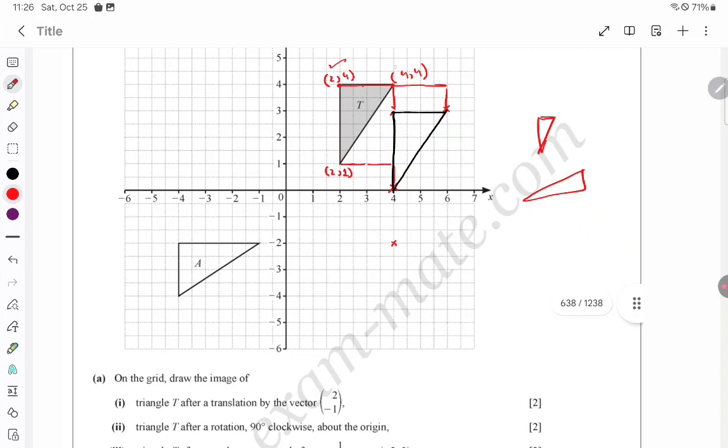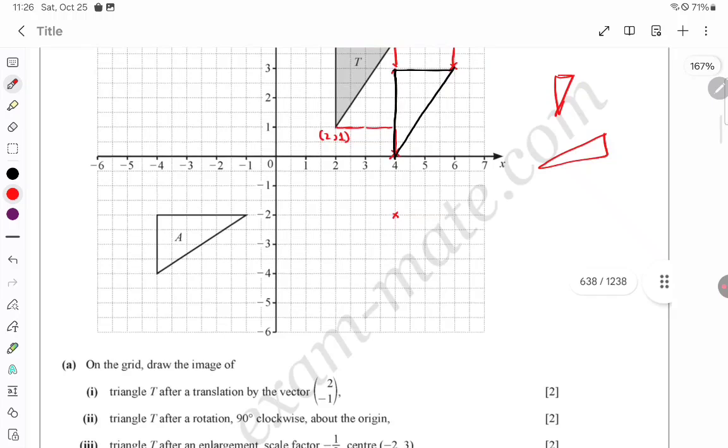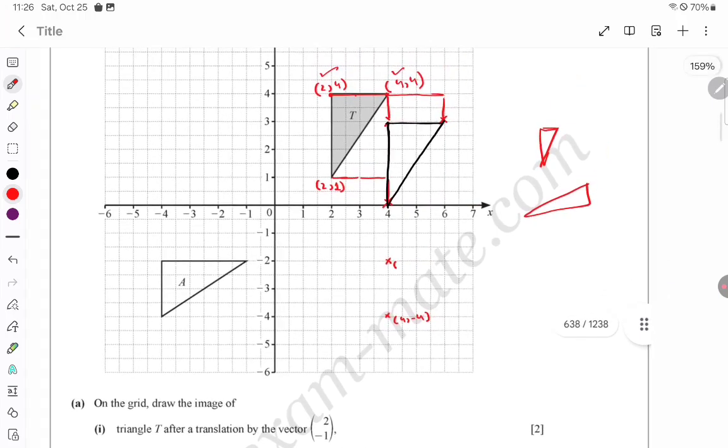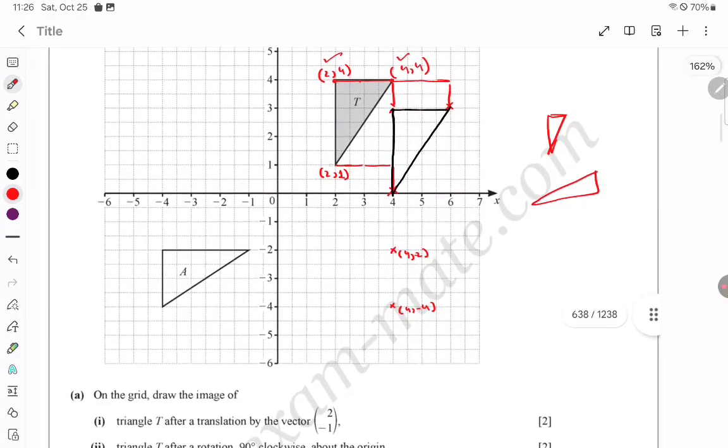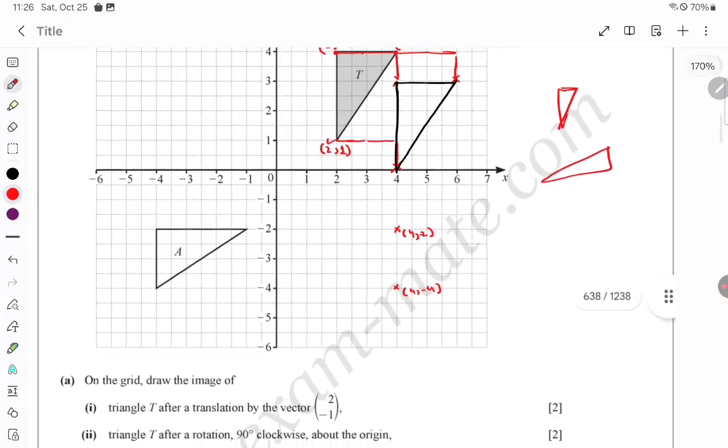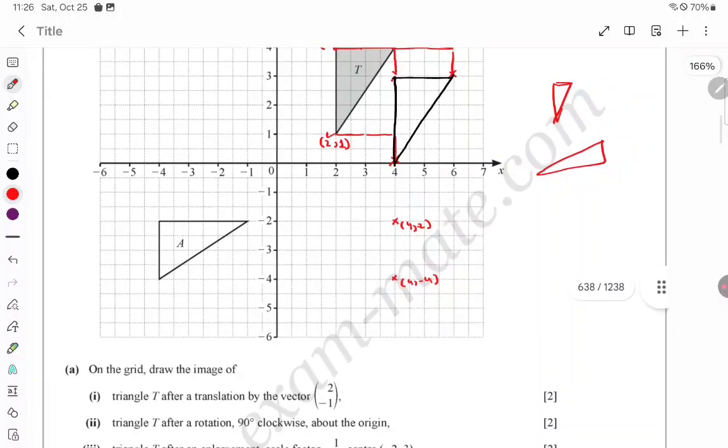For this point it is 4 comma 4, so it will remain 4 comma 4 and with the negative of 4 right here, 4 comma negative of 4. From this, 4 comma negative of 2. Now for the last point, this one, 2 comma 1, which will become 1 comma negative of 2.